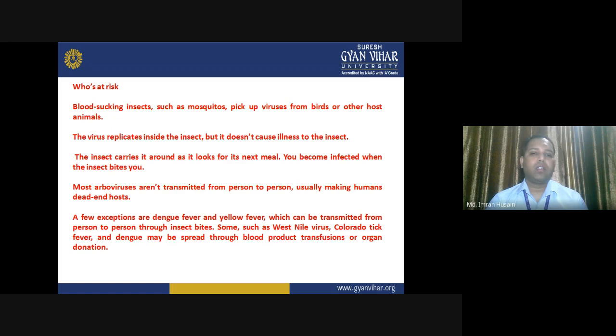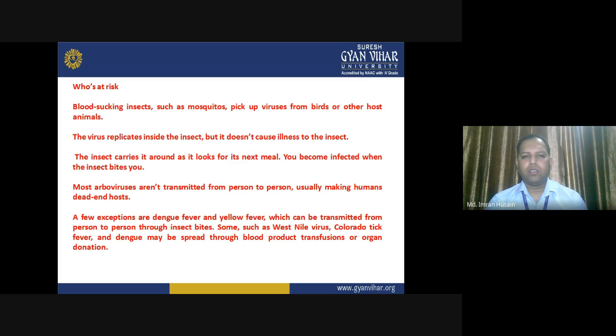The insect carries it around as it looks for its next meal. Okay, so meanwhile it is replicating inside the insect, and the mosquito is moving around, where it can bite someone and suck the blood out of them.